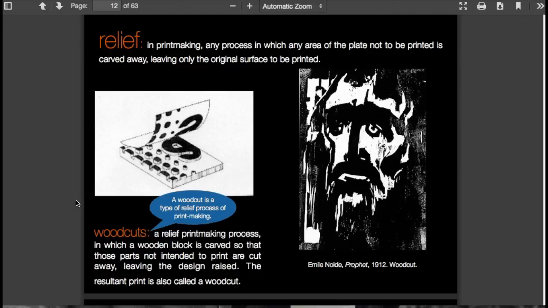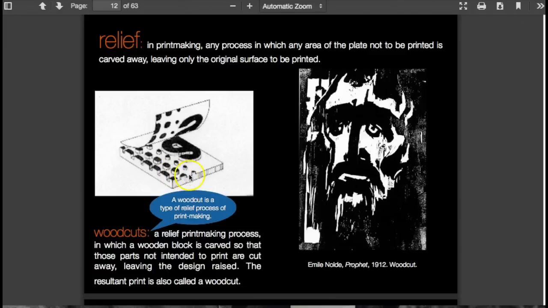So a relief is any process in which the area of the plate not to be printed is carved away, leaving only the original surface to be printed. So this gives you an example. This is from a woodcut.